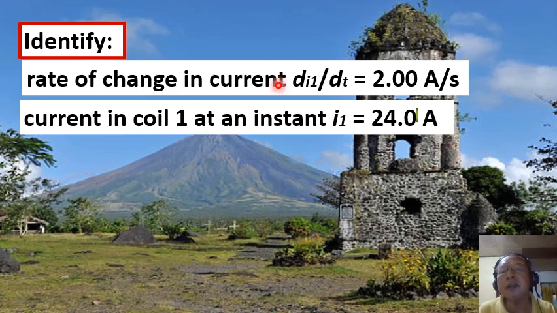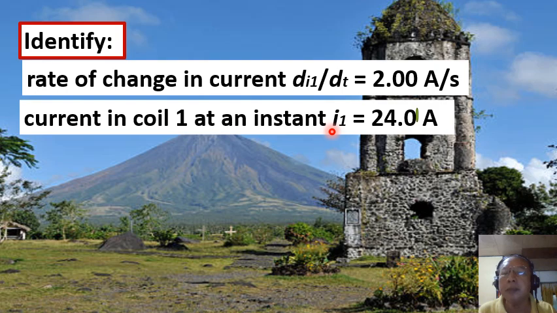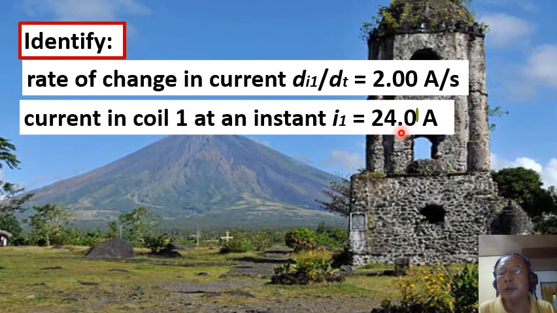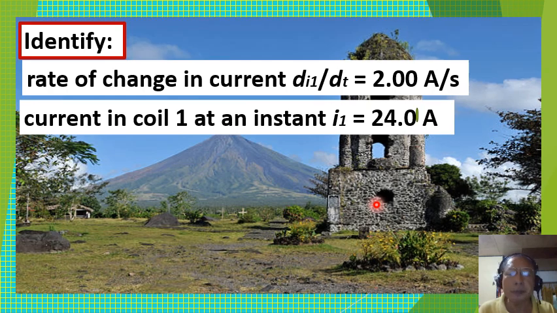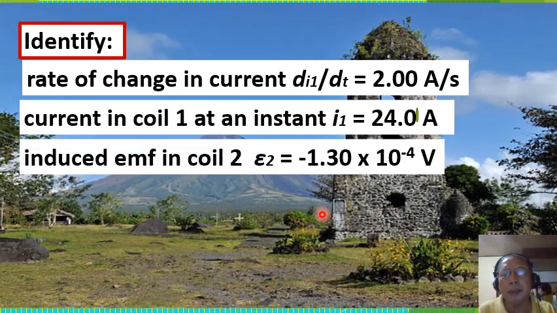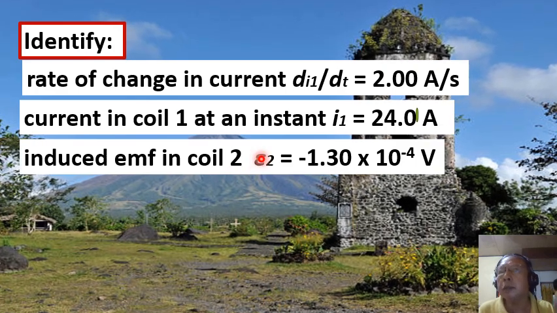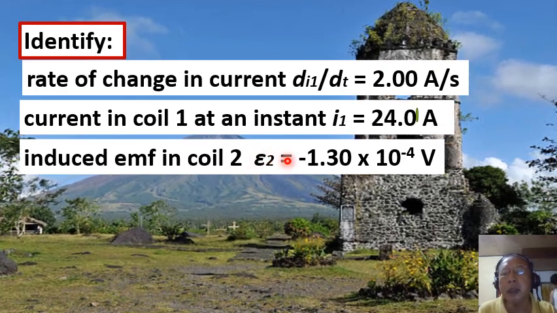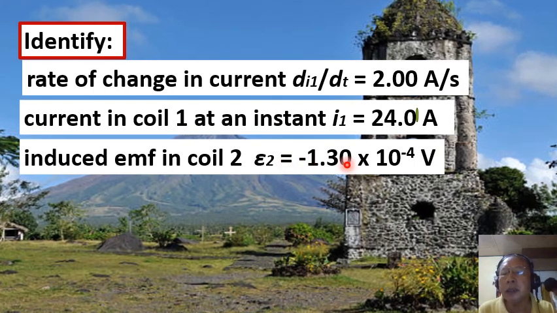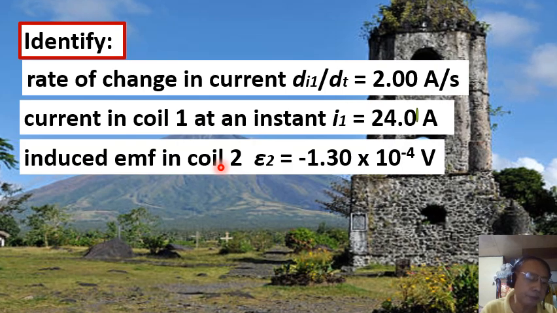The changing current in coil 1 at a given instant, denoted by small letter I1, is equal to 24.0 amperes. And the induced EMF in coil number 2, denoted by the Greek letter epsilon, is equal to negative 1.30 × 10^-4 volts.